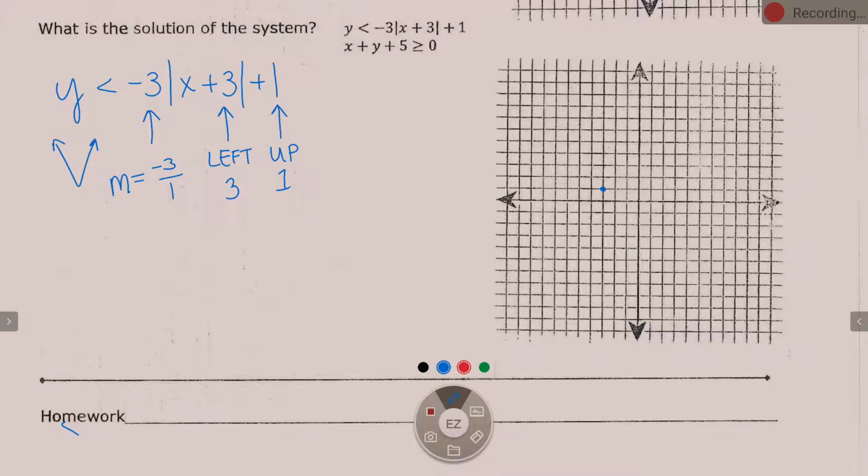But because of this slope, I'm going to go down 3, right 1. Now that's the right side of your V. The slope always applies to the right side of your V. What do I do on the other side? You reflect it. It's down 3, left 1. And there's your V. That was a big part of what I wanted to make sure we got through: how do we graph this V?